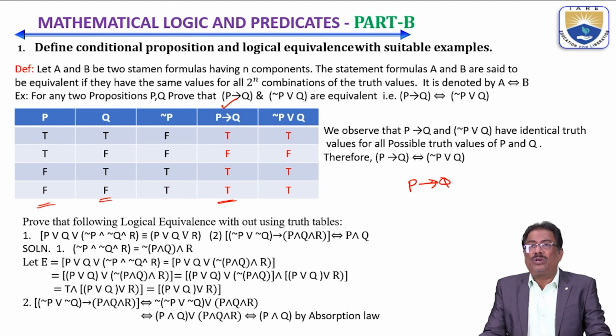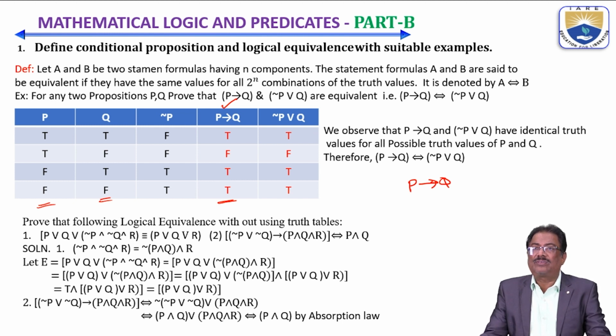And now we are going to say that this is equivalent to another one. Whenever two compound propositions are said to be equivalent, one is obtained from the other by using logical implications. Or else, by truth table, if we get the same truth values for those compound propositions, then also we can say both are equivalent.